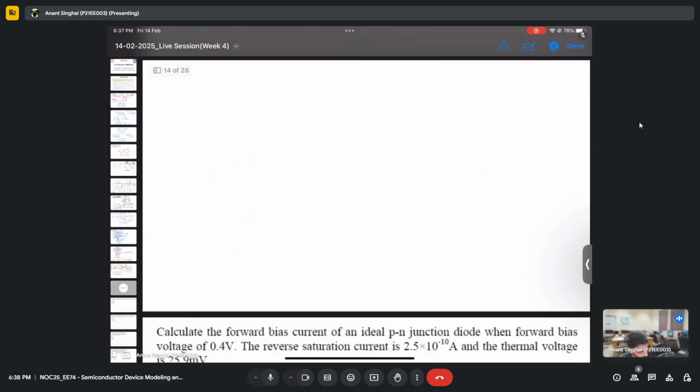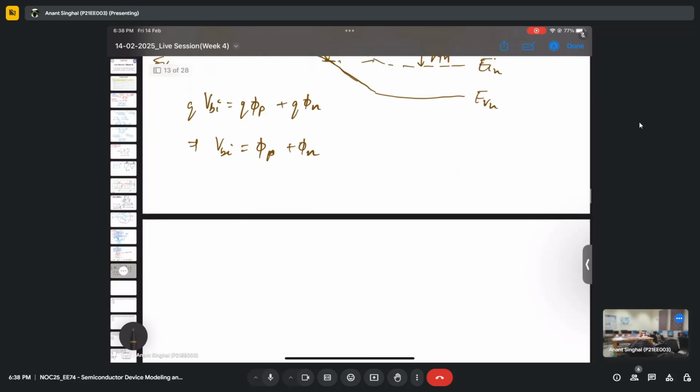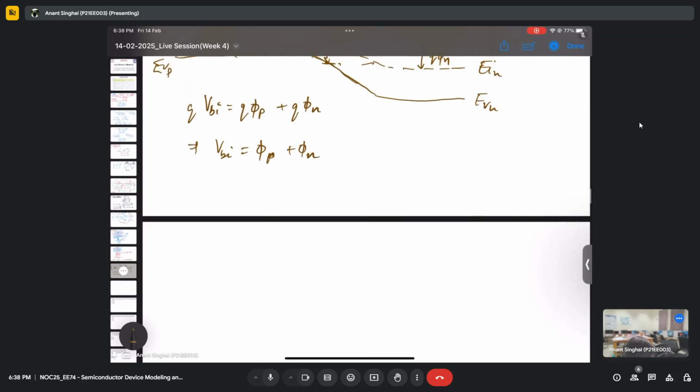So let's do the derivation quickly. This is very easy. As I said, phi p can be calculated by the same formula. So p equals Na equals Ni exponential of EIP minus EFP over KT.